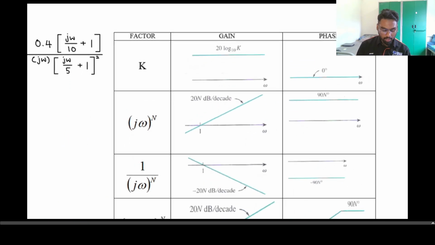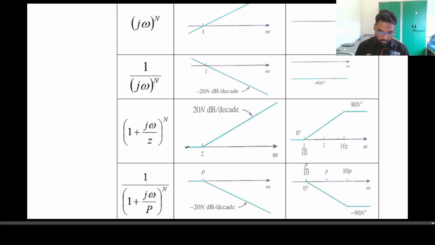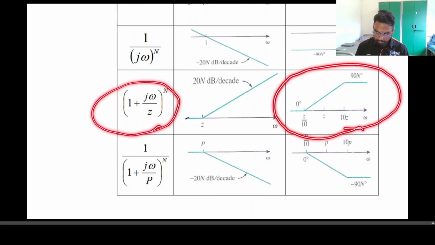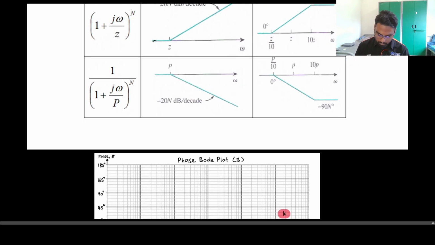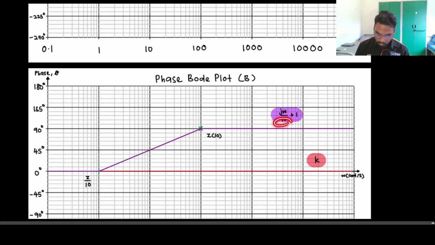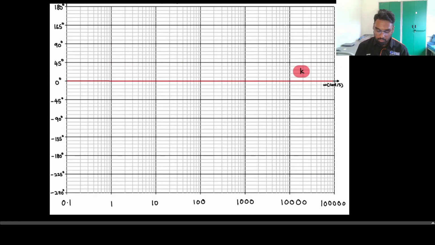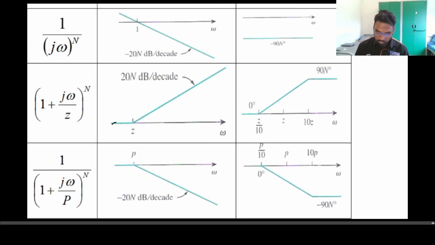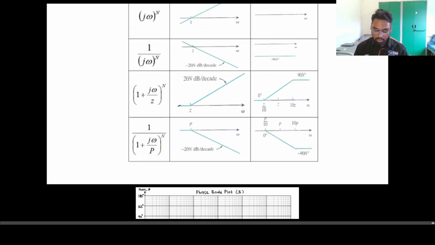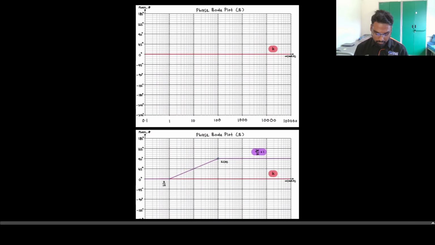For the next element, we have a simple 0, which we will compare to this column. From the equation, we can obtain the value of 10 for the 0. There are two coordinates that we are going to use, which is z over 10. In our case, the z is 10, so 10 over 10 is 1. So our omega should be 1.